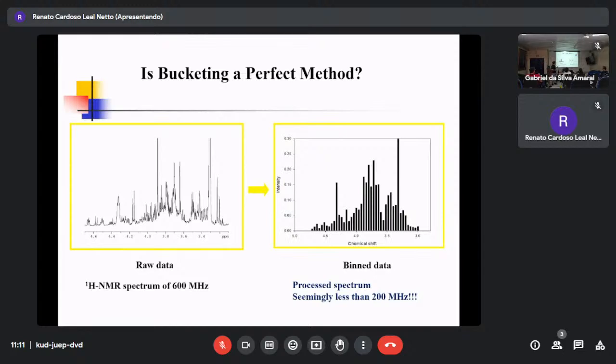But when you compare to the bucketing, it's a very low resolution, because it's just I don't care about changes within this range. That's what some people want to do with alignment. But still, as I mentioned, NMR spans 0 to 10 ppm, all the signals there, and a slight difference can be a different compound. If you apply strong alignment, you will probably lose very important information.